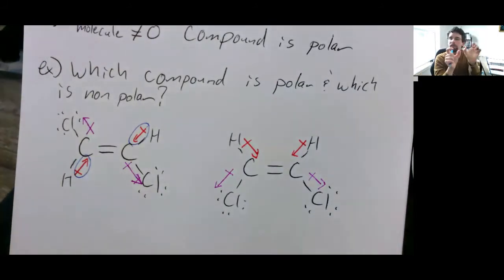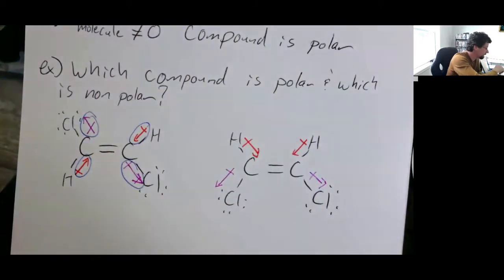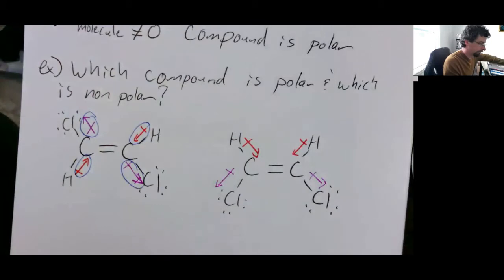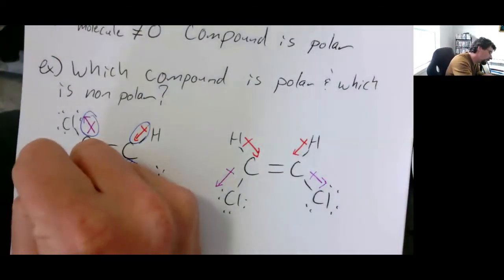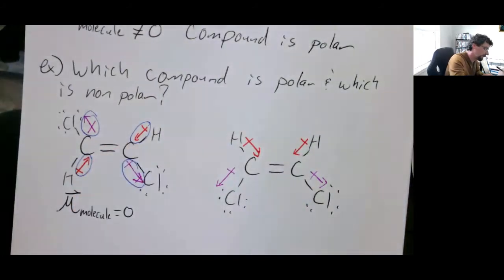Think about two horses of equal strength trying to pull against each other, they're not going to move anywhere. So in that case, this system has no overall bond dipole moment. So mu molecule is equal to 0.